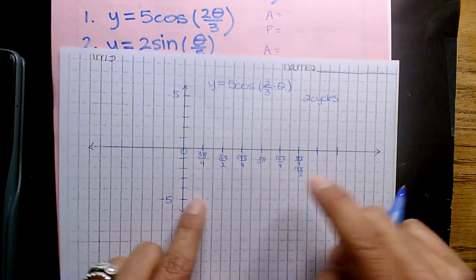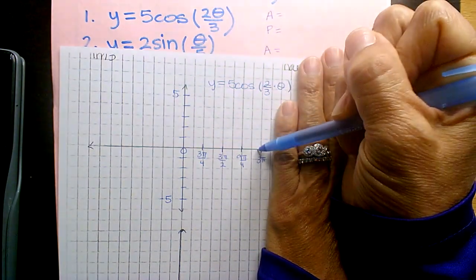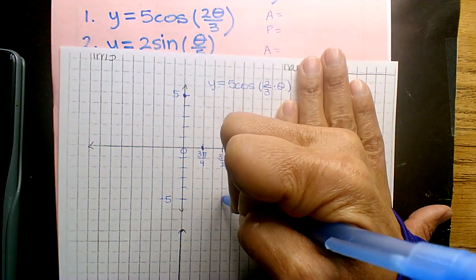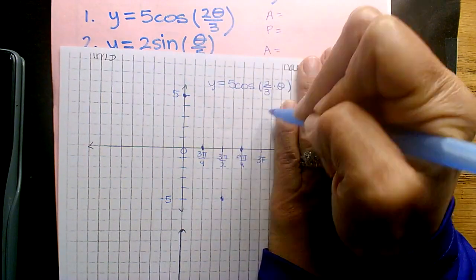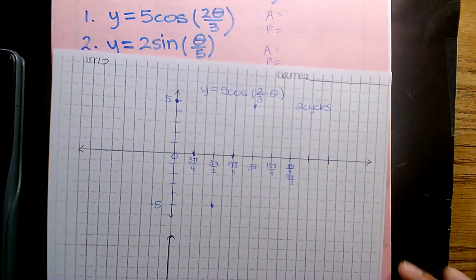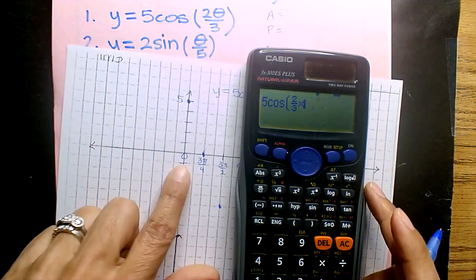If you find your 4s, right, this is the 90, the 180, the 270, 360, I already know I'm going to start at 5, get down to 0, come down to negative 5, hit the 0, and go right back up to 5.